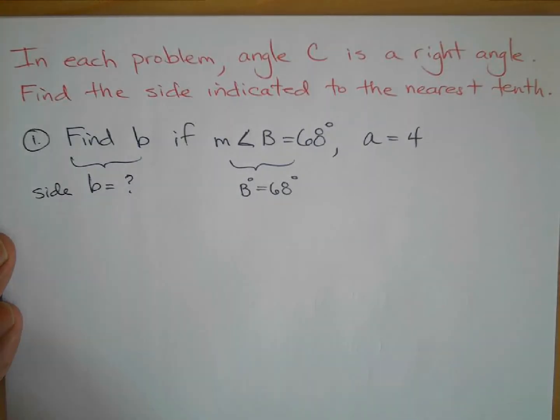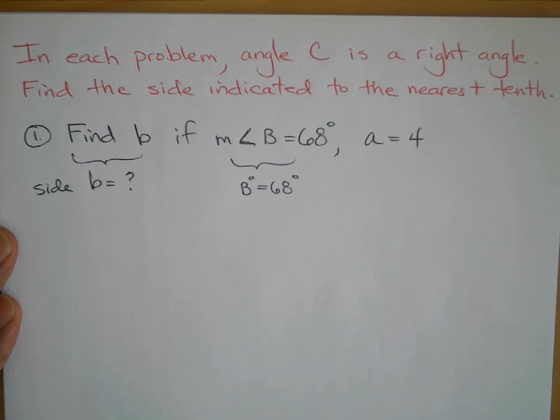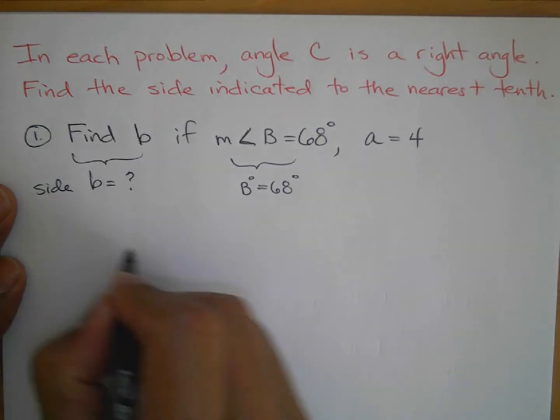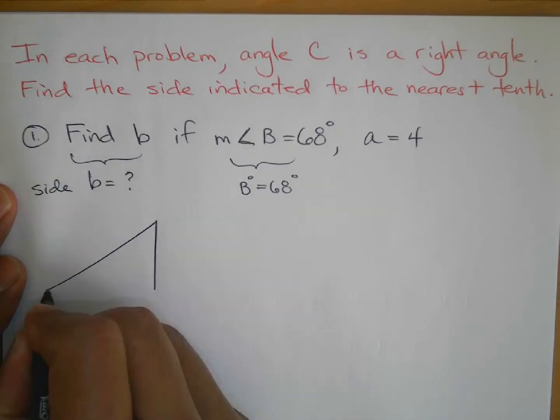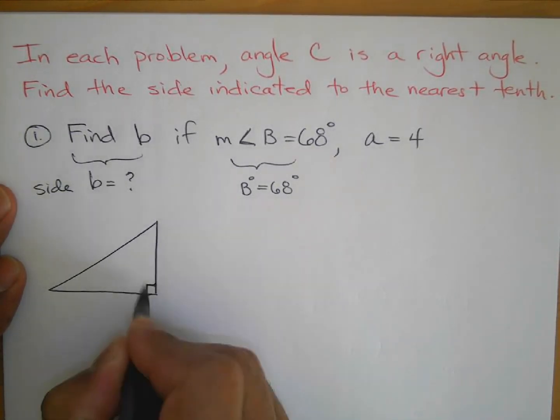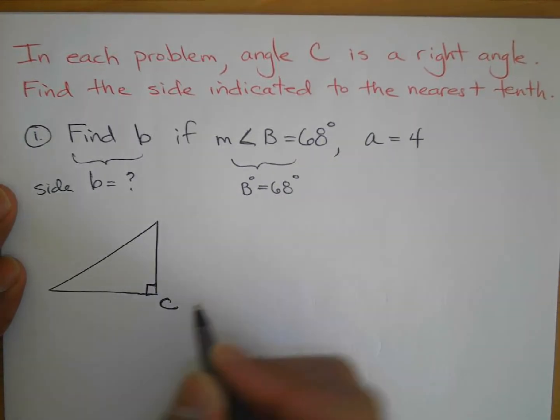If anything, and again, I covered this in worksheet 1, you have to draw out your own triangle, label the sides, label the angles. The orientation does not matter. I can draw a triangle this way, and I know that C is the right angle.